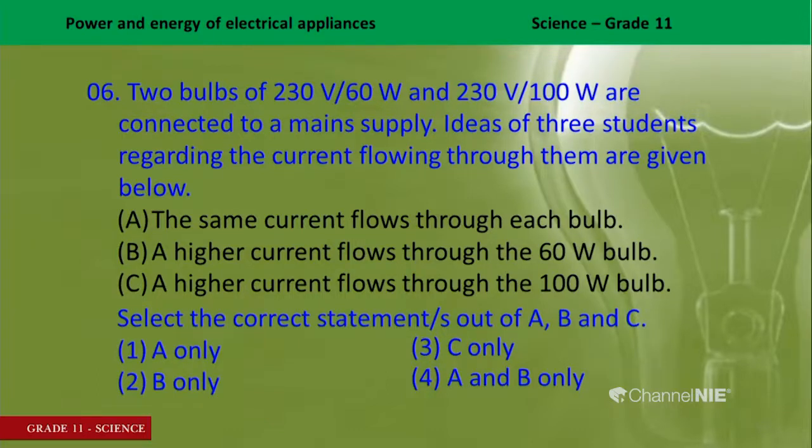A higher current flows through the 60 watt bulb. A higher current flows through the 100 watt bulb. So, you need to select the correct statements out of A, B and C. What do you think the correct statement is or correct statements are? Let us see how to decide the answer for this question.